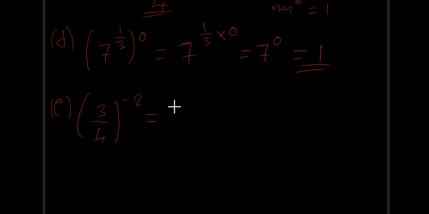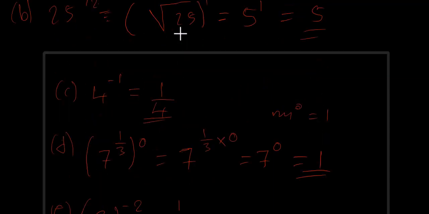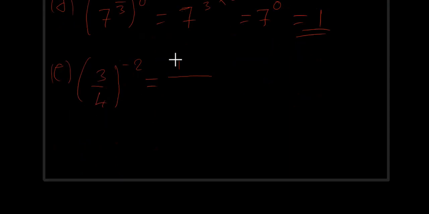What's going to happen here is, when this goes down there, it's going to reciprocate, just like in the question we did earlier, where we said when we have m to the power negative x, this is just the same as saying 1 over m to the power x.